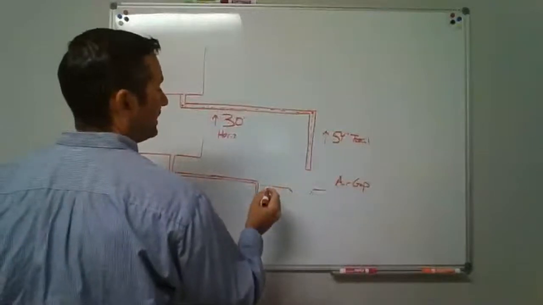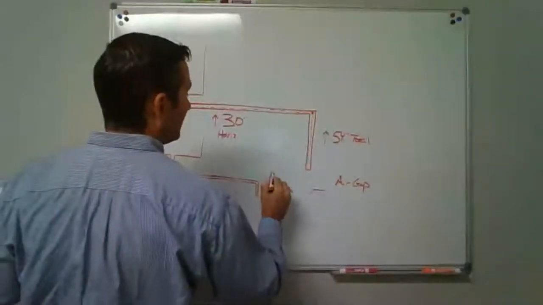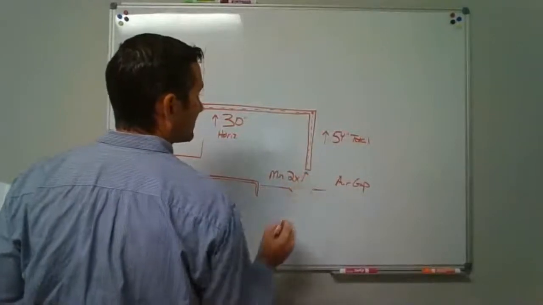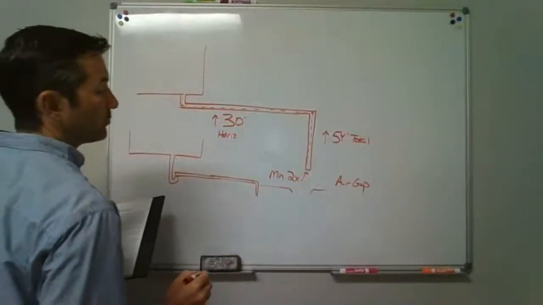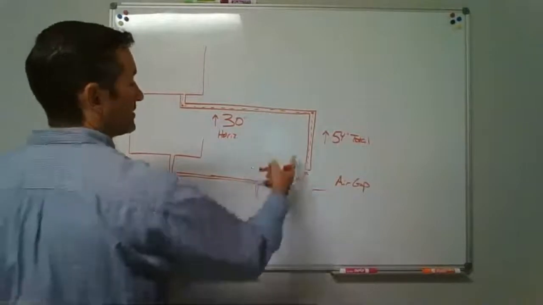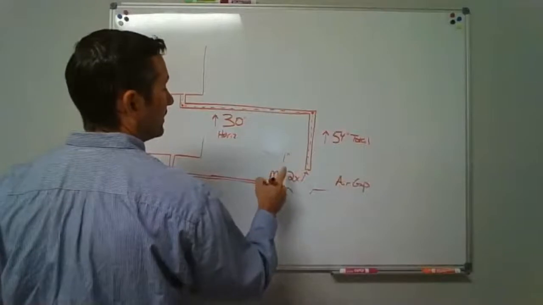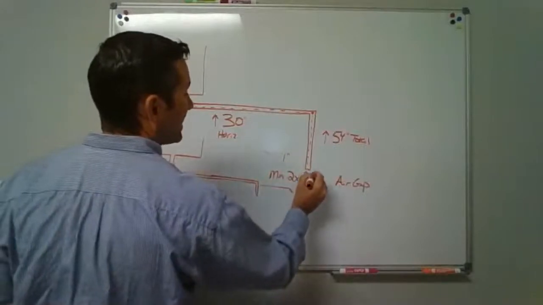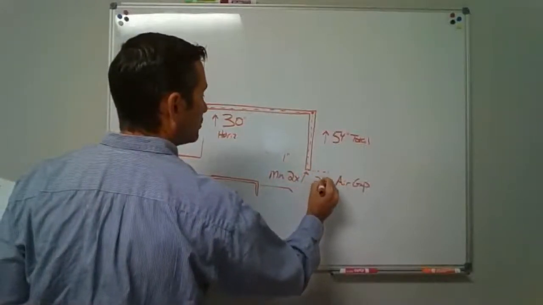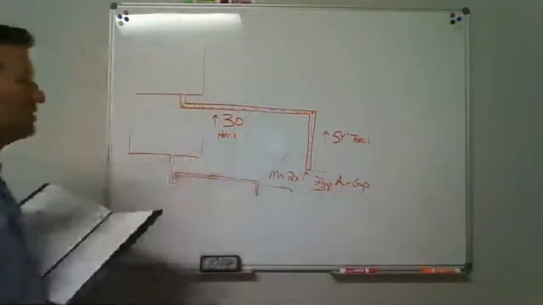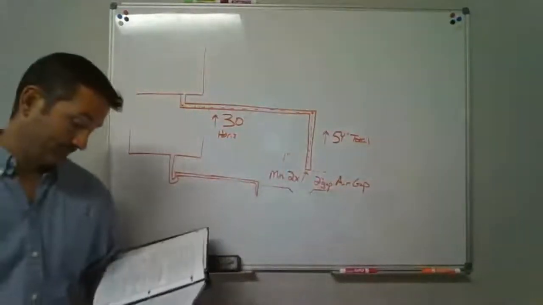It's going to be at least a minimum of 2 times the size of the effective opening of the indirect waste pipe. So if this were a 1-inch line, we would want a 2-inch gap in between there. Okay.